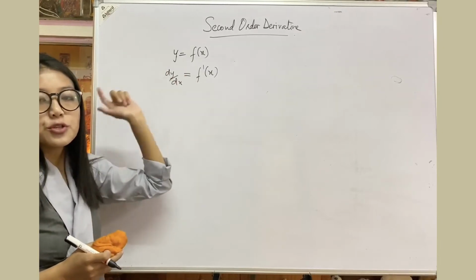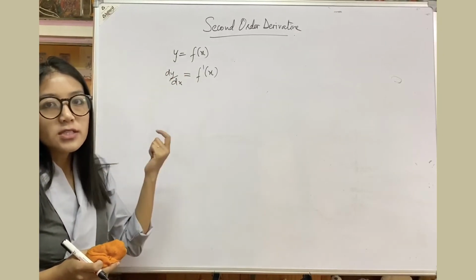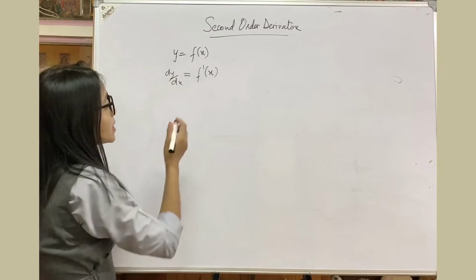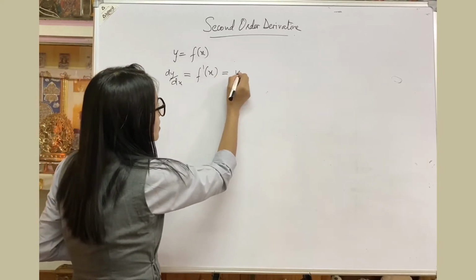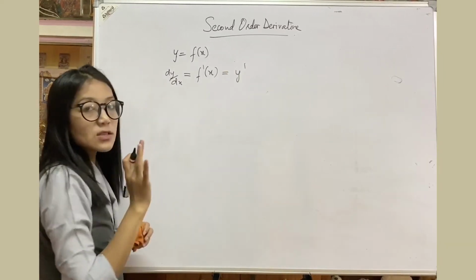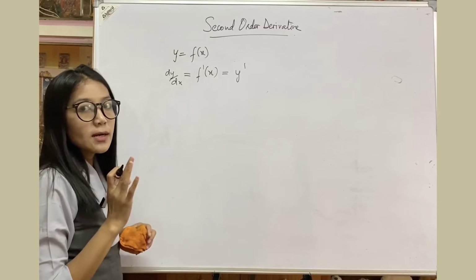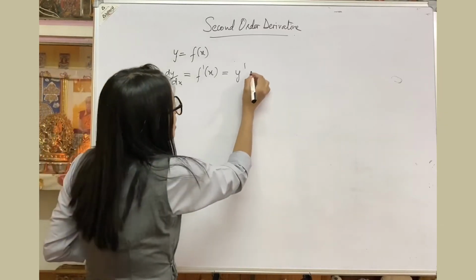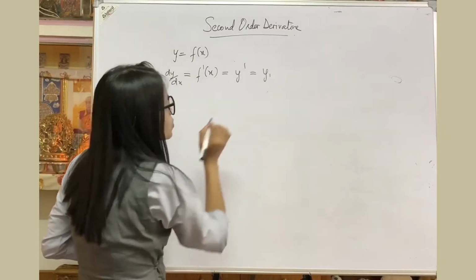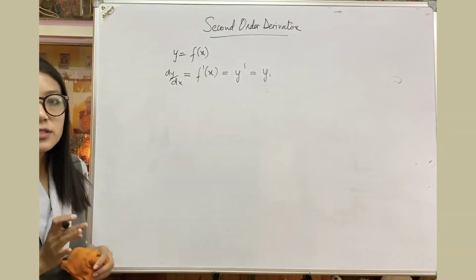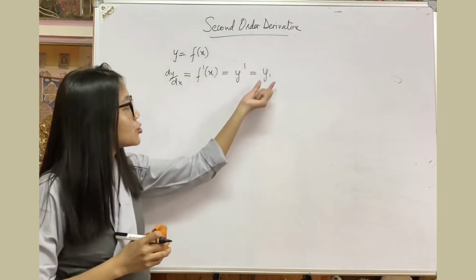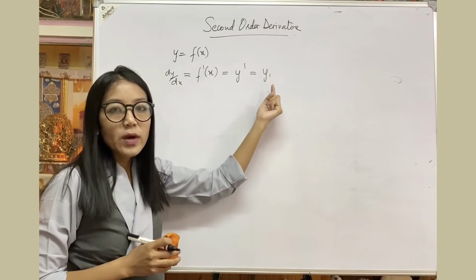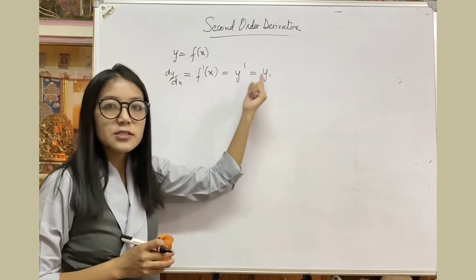So these are the notations you use for first order derivative. Similarly, in some books you may find y dash, which is also a notation for first order derivative. Also y suffix 1, which in some books may be used, means again dy by dx.